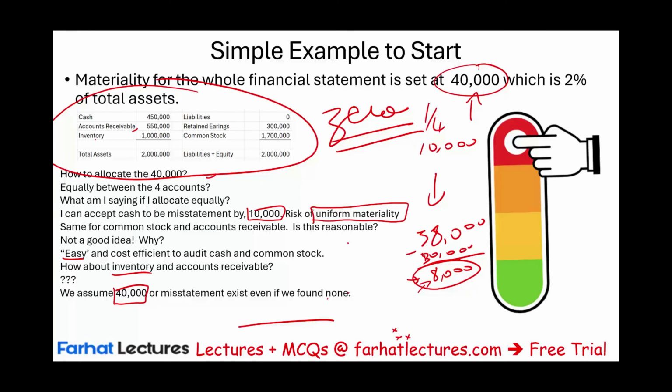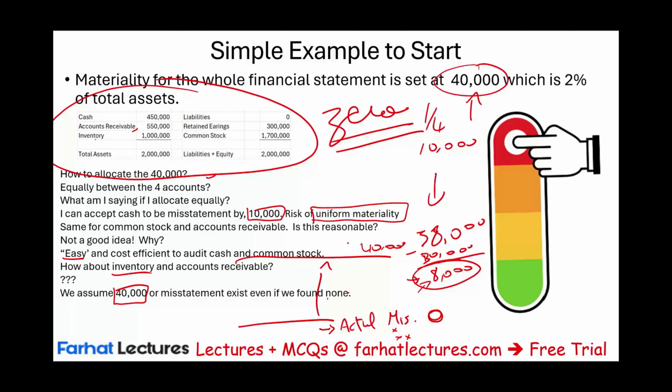So what happened is this: my actual misstatement was 0. Good. I have a buffer of 40,000. Buffer of 40,000 means I did not find any mistakes. I'm still assuming there's $40,000 of mistakes, but I can live with them. So this is the actual misstatement, 0.